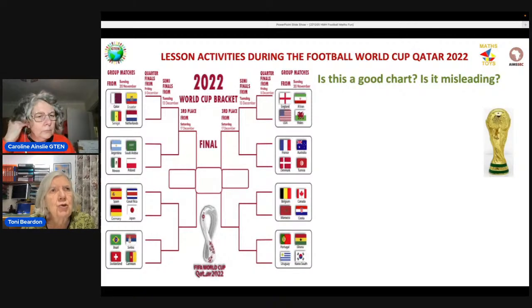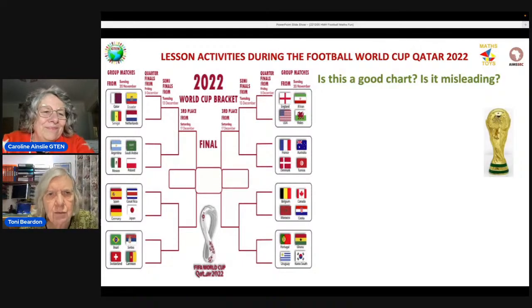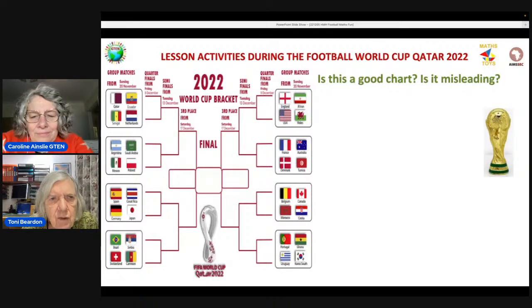I was talking, Caroline, about whether this is a good chart or not. So everything got started on the 20th of November. And the quarterfinals will be from the 9th of December. That's Friday.